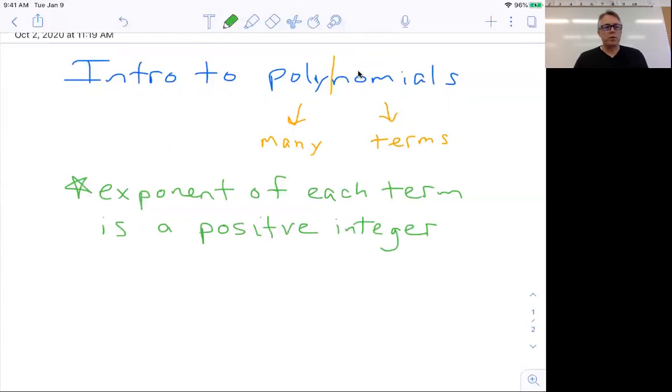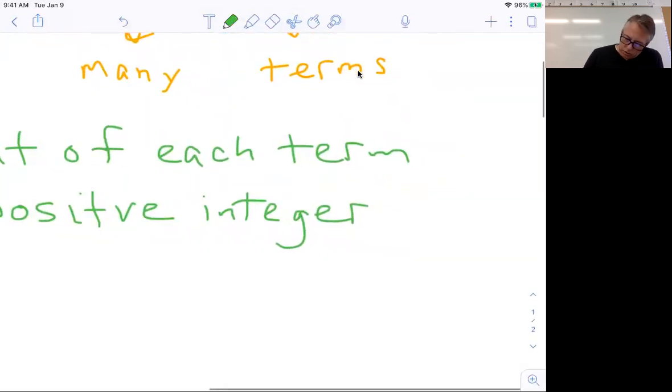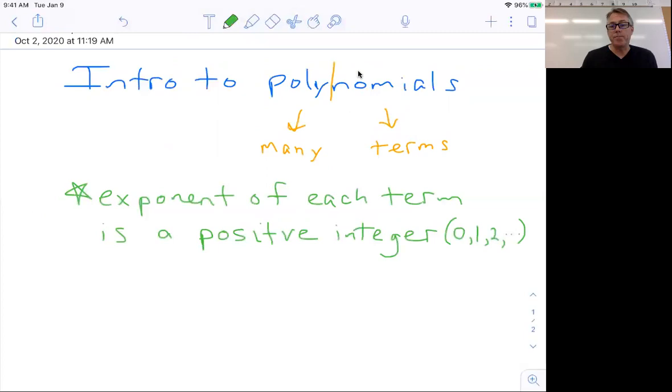So the exponents, like x squared, the 2 is a positive integer. Positive integers would be like 0, 1, 2, etc. Fractions like that are not allowed.